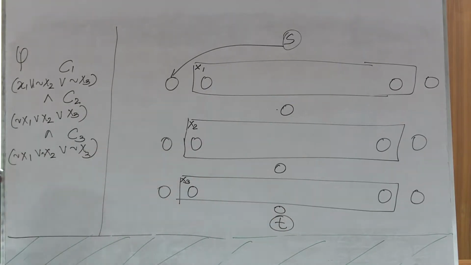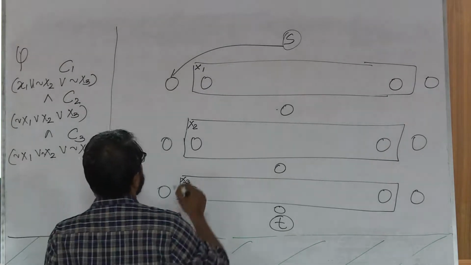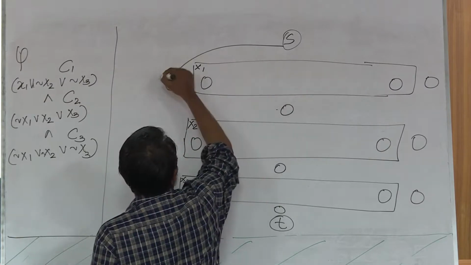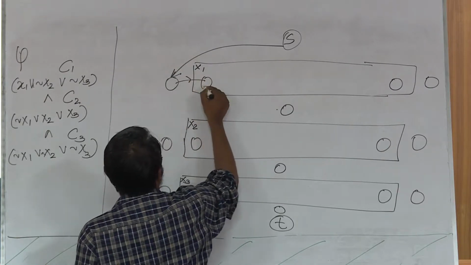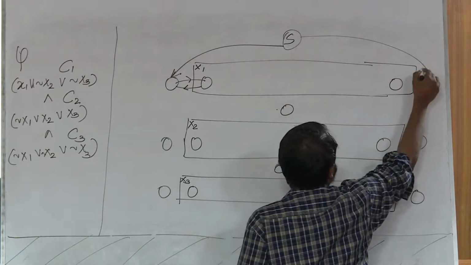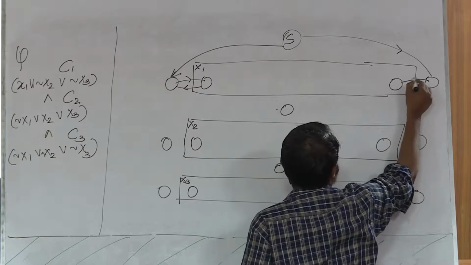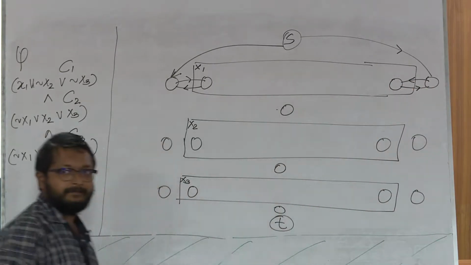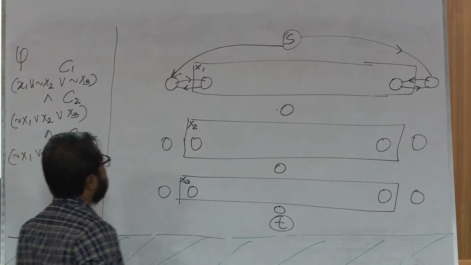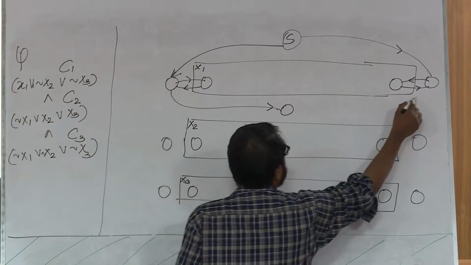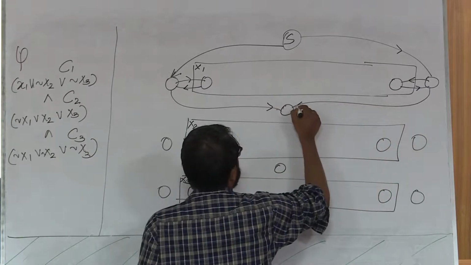Let us put something like this. I am not claiming that this is optimal, but it is the minimum number of vertices, it does the work. So, starting from S, I can come here, or I can come here and enter this subgraph. Now, from here I can go here, from here also I can go here.